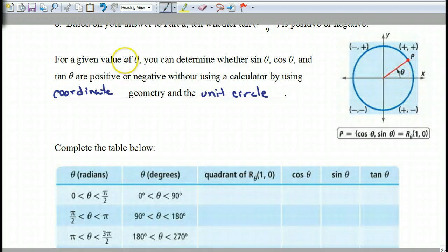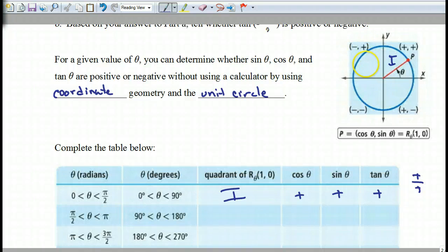At quadrant 1, that's right here, our x values are positive, so cosine theta is positive. Our y values are also positive, so sine is positive. And then our tangent, because these are both positive, will also be positive. Because a positive divided by a positive is a positive.